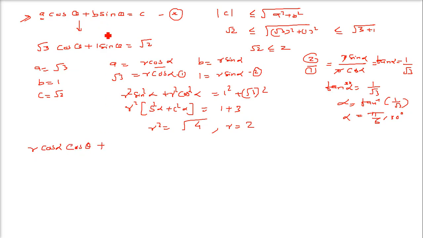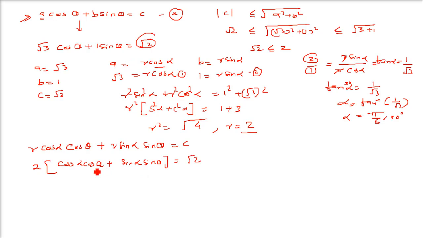Plus b is what? R sin alpha. Sin theta is already there. This is equal to c. And now put the value. I am taking r common, but r we already know, 2. So I am taking 2 common. Cos alpha cos theta plus sin alpha sin theta. And c also we know. This c is what? Root 2.